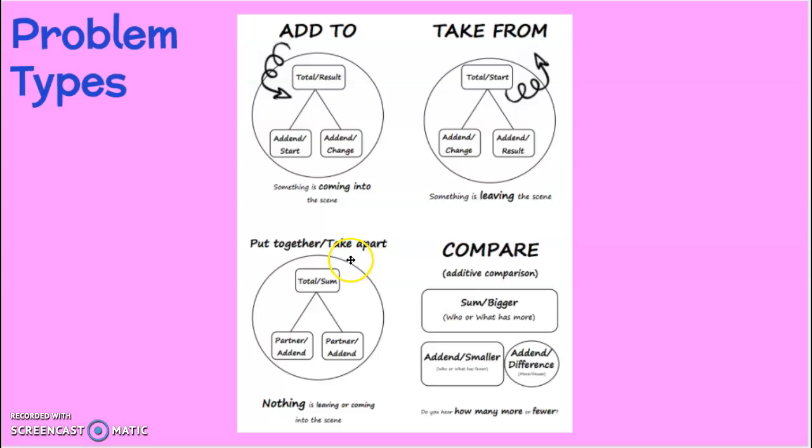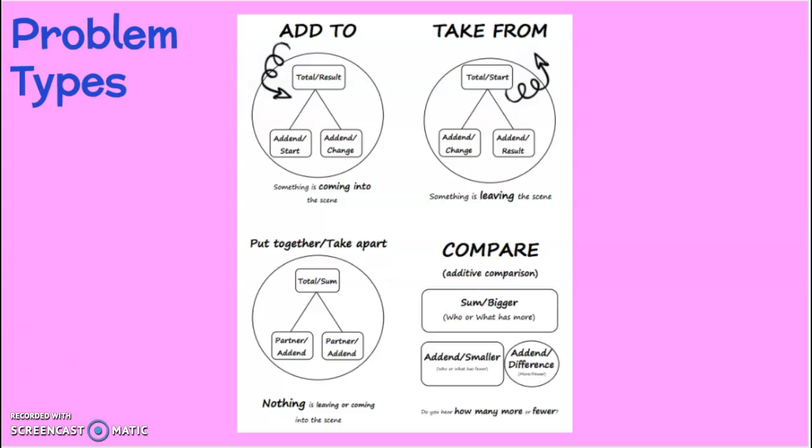So you're either putting together or taking apart something that is already there or putting them into groups, but nothing is coming, nothing is going. You're just categorizing or figuring out how many other kinds there are. Then there's the compare problems where we're saying, well, who has more or less, okay, more or fewer. Those are those kinds of problems.